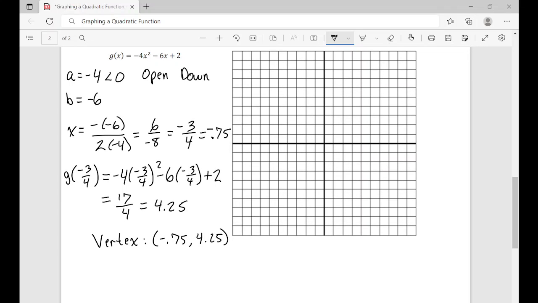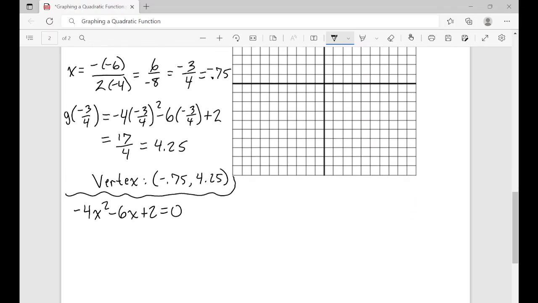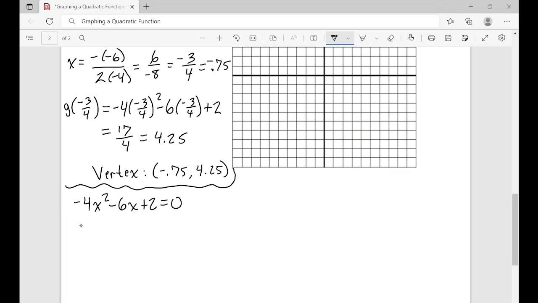So, give myself some space here. I'm going to set my function equal to 0. So negative 4x squared minus 6x plus 2 equals 0. And this will give me the x-intercepts. So you're going to probably want to use the quadratic formula for this because it's going to look kind of nasty.